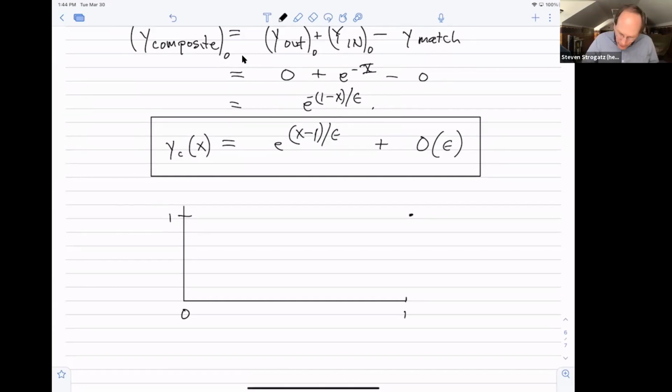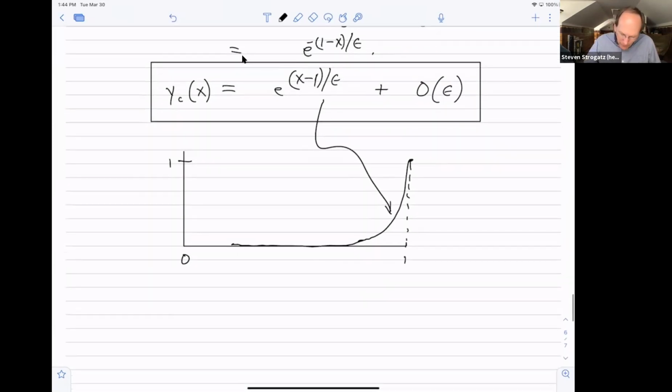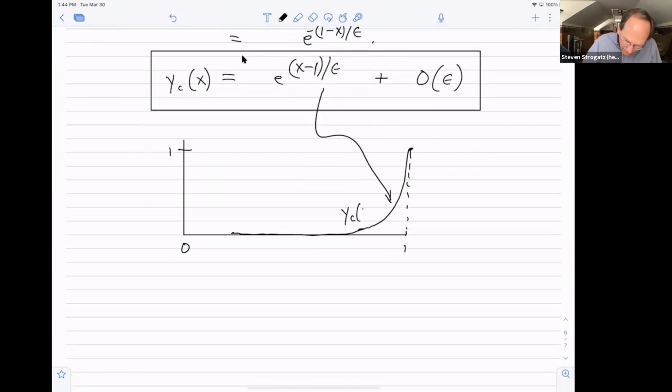And then the whole solution just decays exponentially, and then becomes practically 0 over here. So that's what this looks like. So this is my y composite of x. And this characteristic thickness is sort of order epsilon.